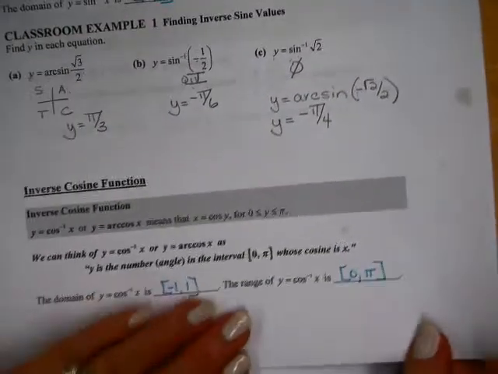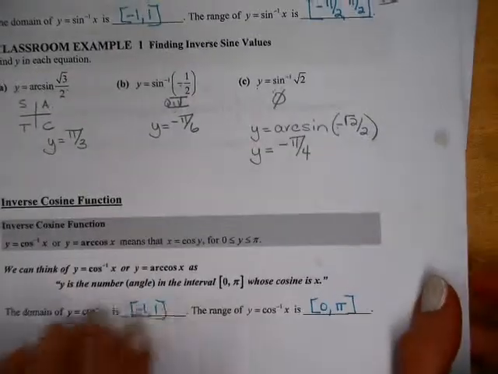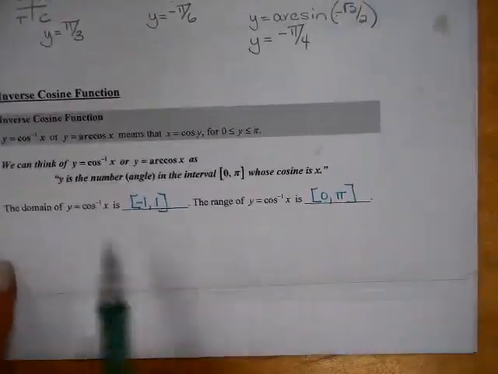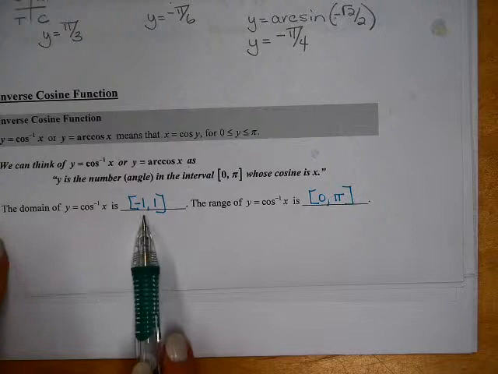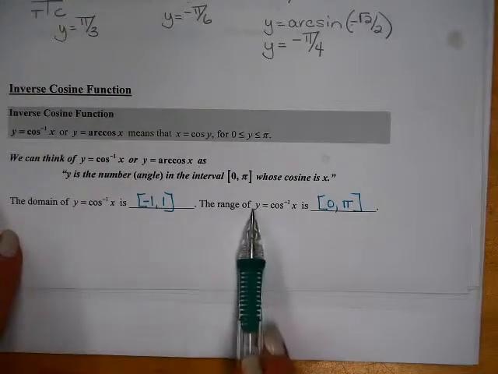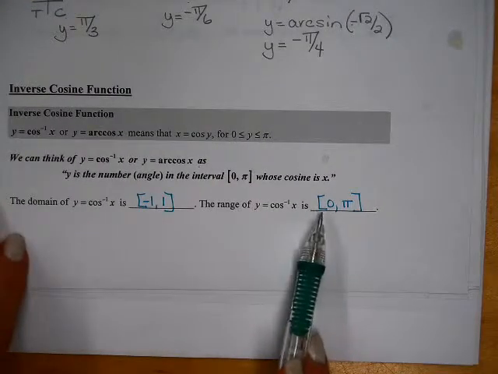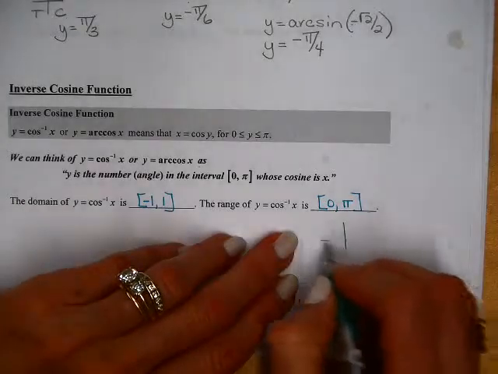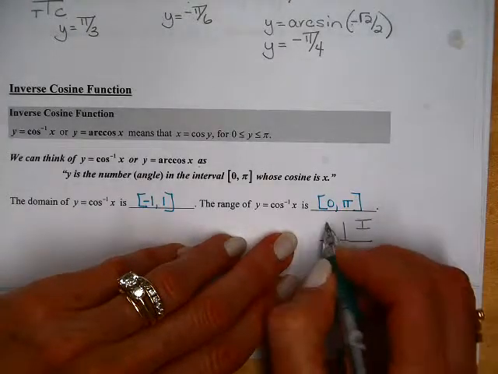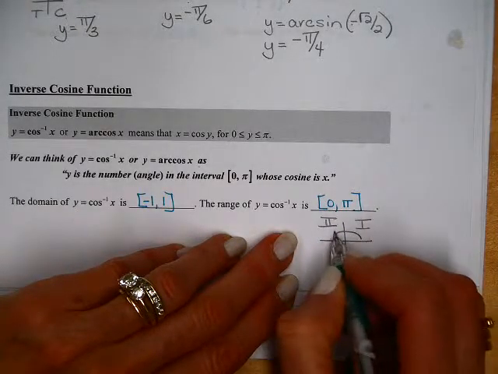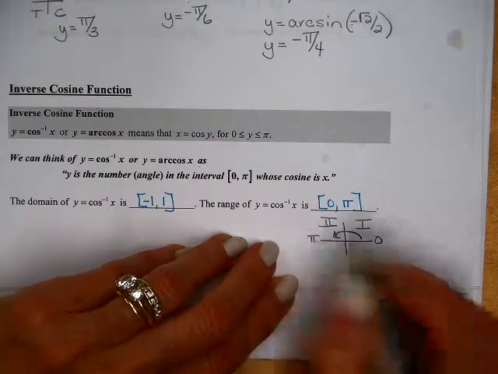So that's what we're doing for the arc cosine. Okay, so you may want to fill this in. The domain of the arc cosine is between negative 1 and positive 1, and the angle you're looking for is between 0 and pi. It will either be in quadrant 1 or quadrant 2.